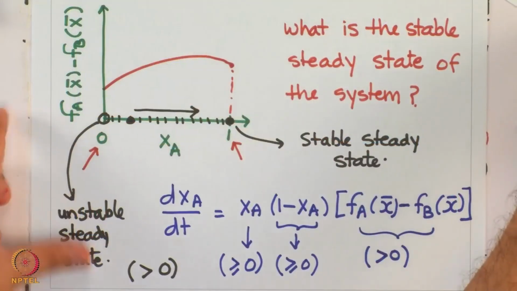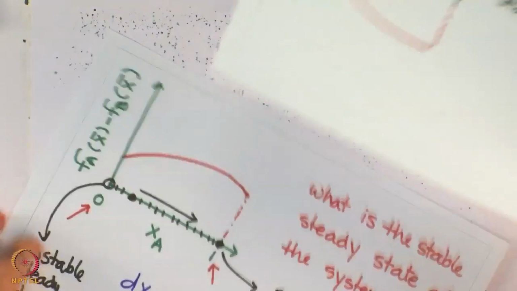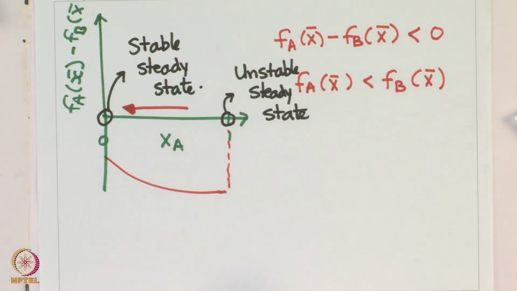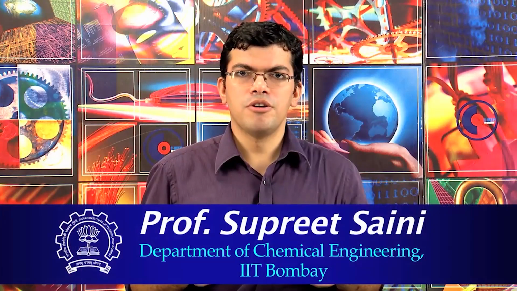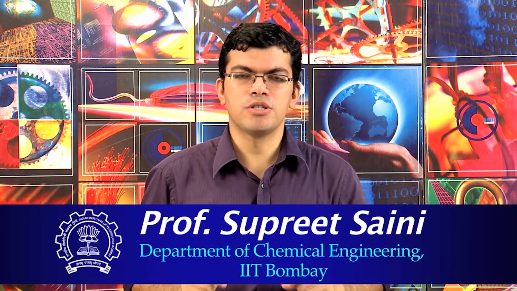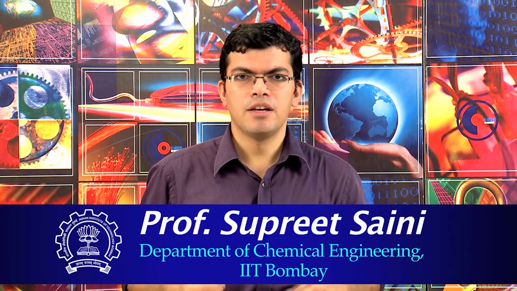But so far the 2 examples that we have done, where Fax minus Fbx is always greater than 0, and the other one where Fax minus Fbx is always less than 0, do not offer us any example where Fax is equal to Fbx for a particular composition associated with the environment. And that is something that we will start with in the next lecture.